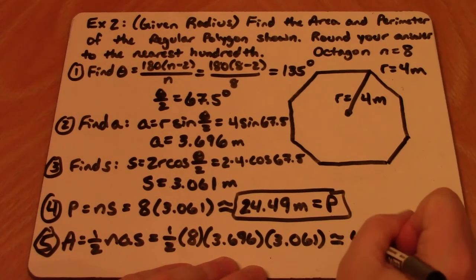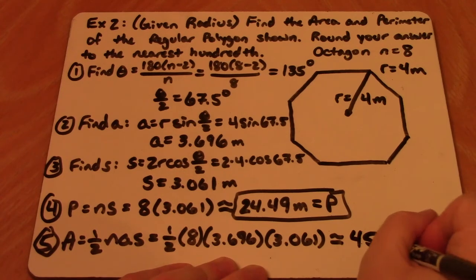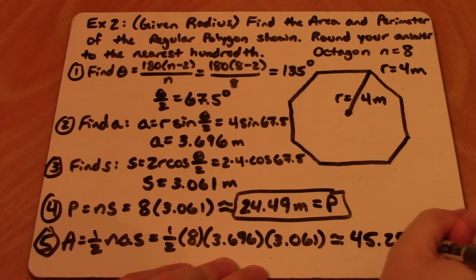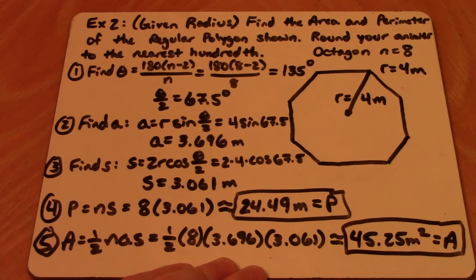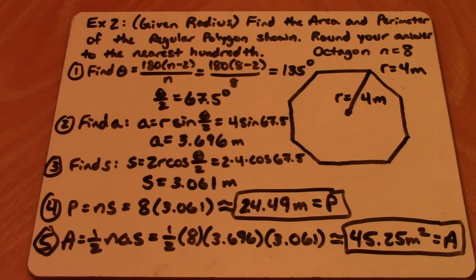That would be 45.25 square meters is the area. And that is how we approach the problem when we are given the radius. Again, this example shows what we do when we are given a radius. Every single time that you're given the radius, you'll follow these exact steps to find the perimeter and the area.